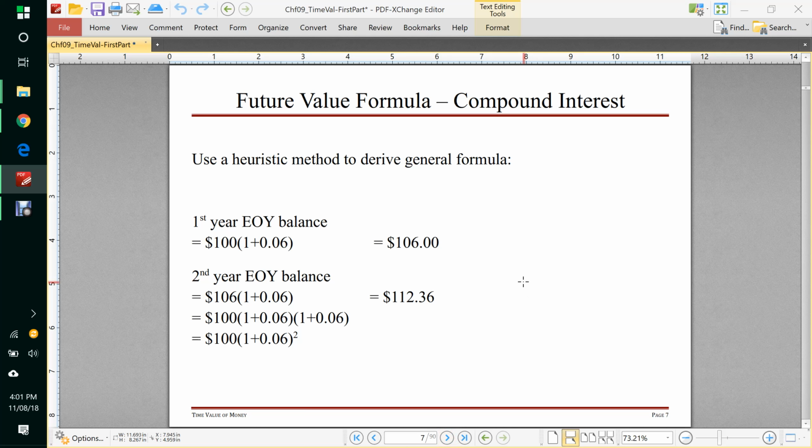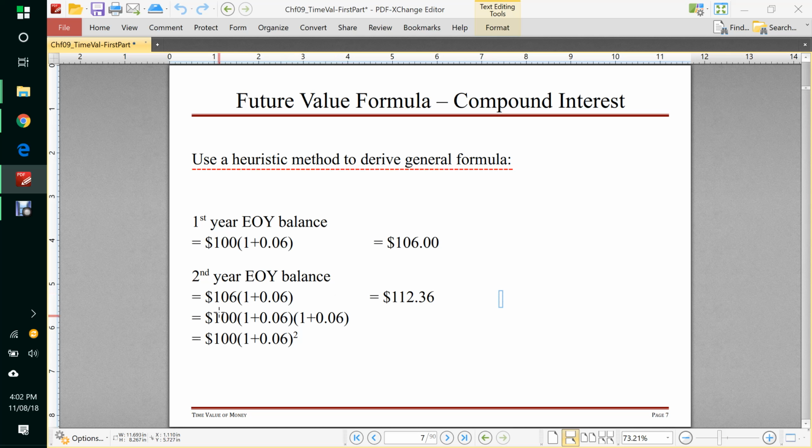Okay, so let's look at our future value formula for compound interest. What I mean by that is I'd like to take what we've done here for compound interest and make a general formula out of it. When we do something like this, taking a simple example and generalizing it, we say this is a heuristic method for what it's worth. So anyway, at the end of 1 year, we're going to have 100 times 1 plus 6%.